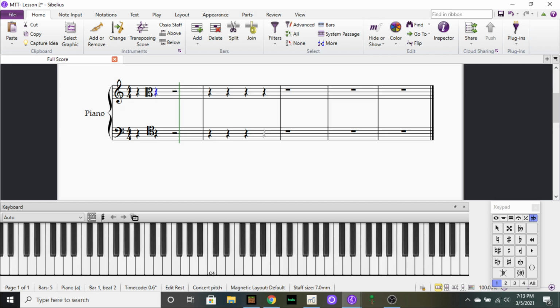I'll try to go over these some more in the future, but really you don't have to worry about them too much, unless you play viola. Sorry, I'm going slow. So yeah, you don't really have to worry about these too much.